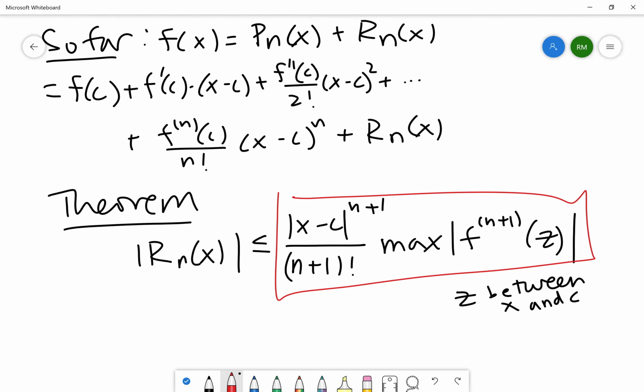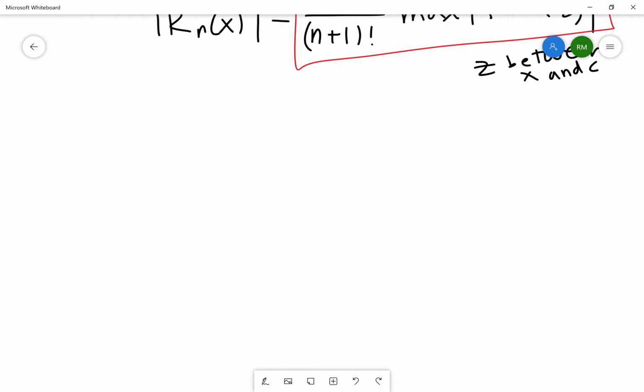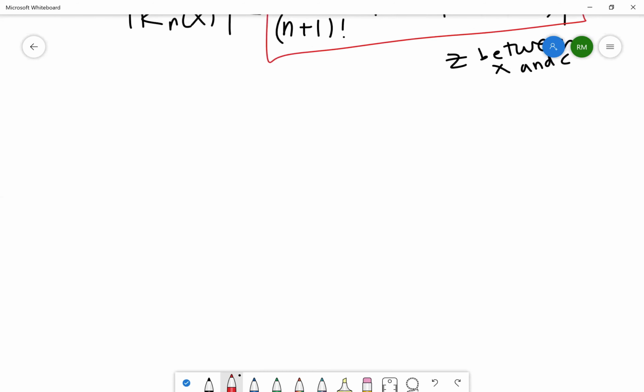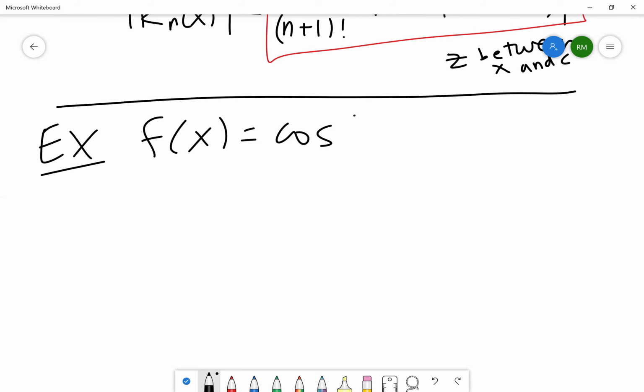Okay. So let's do an example for a function we all know and love, the cosine, because this will tell you how we actually calculate values of the cosine using techniques a bit like this. All right, so we have the cosine function, and we're going to expand it around c equals 0.